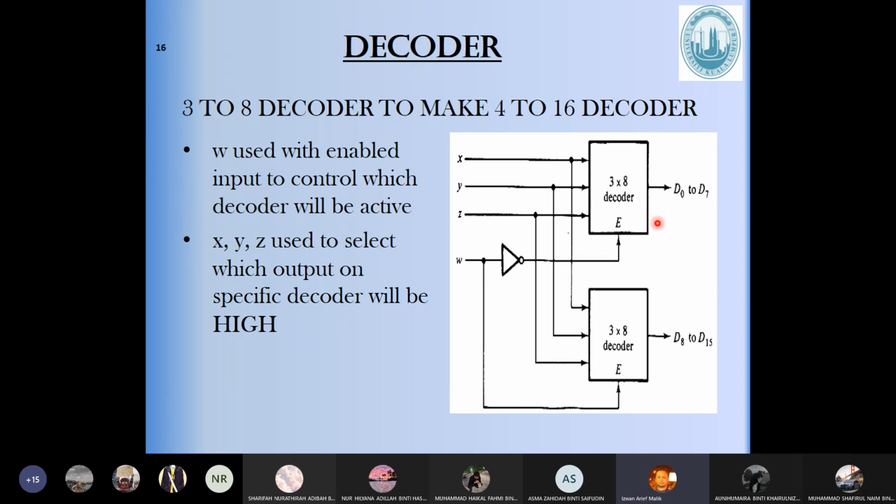D0 up until D7. Dan then di sini pun sepatutnya D0 up until D7. Tapi dia sambunglah terus. Lepas 7 tu terus 8 sampai D15. So you ada 16 output. You have 1, 2, 3, 4 inputs. So automatically with this arrangement, you combine 3 to 8 decoders to become 4 to 16.